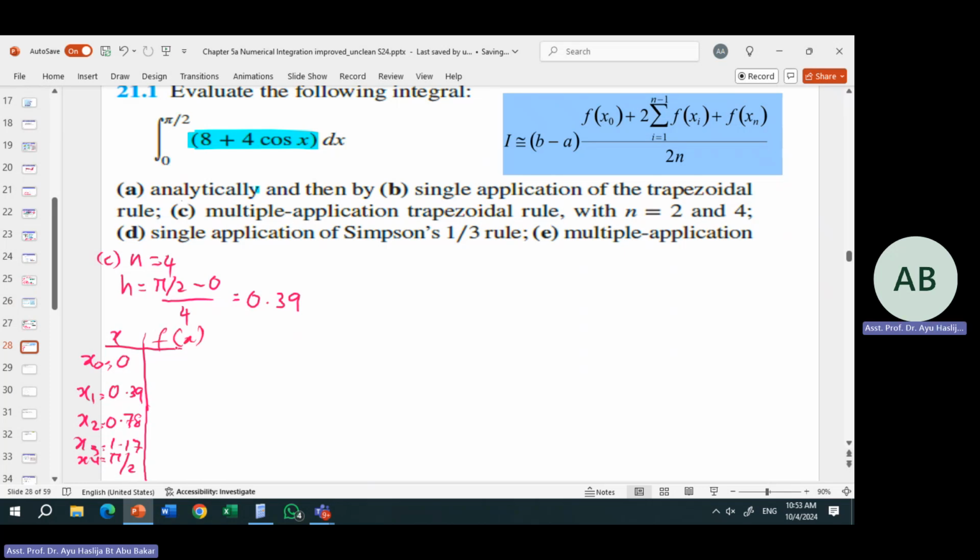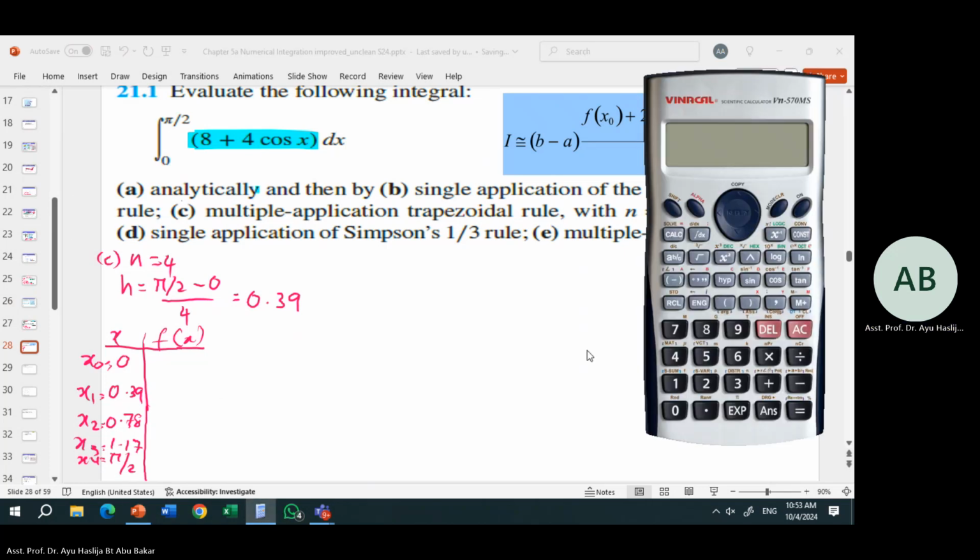Okay, then sub your x's into the equation. Set the equation, then just key in your data. Okay, 8 plus 4 cos x.